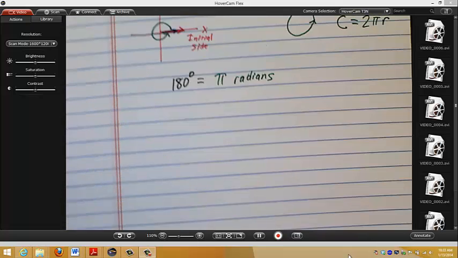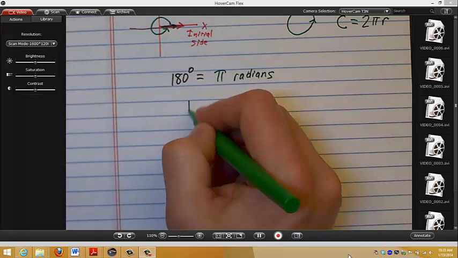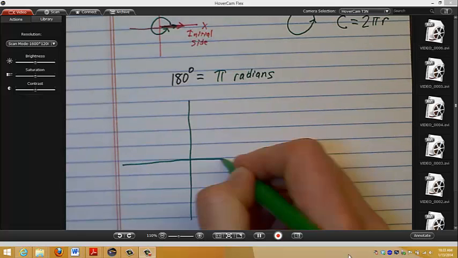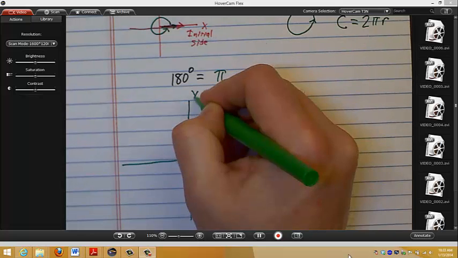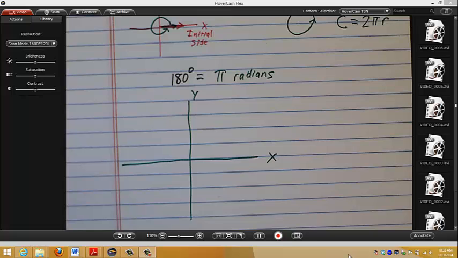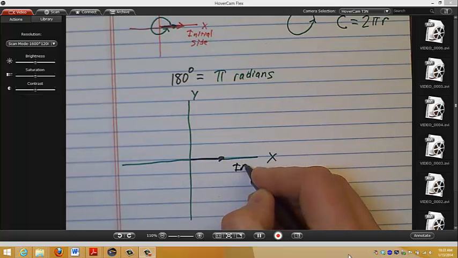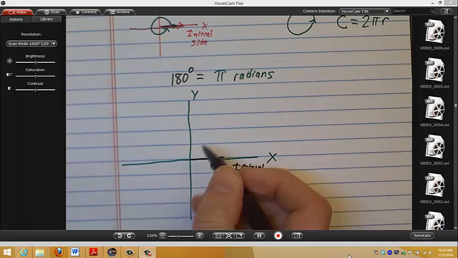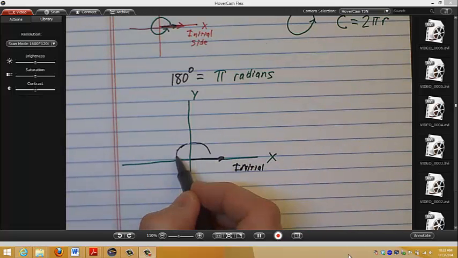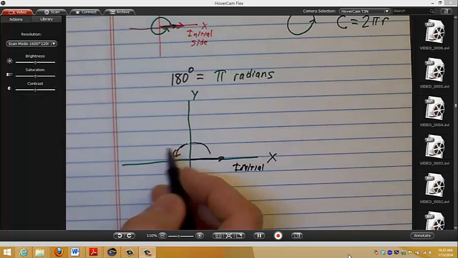And so there's a picture that comes now, which is we draw the x and y plane, and we say that we always have the initial side here, and then we're rotating in that direction, right? And let's suppose I end up over here.